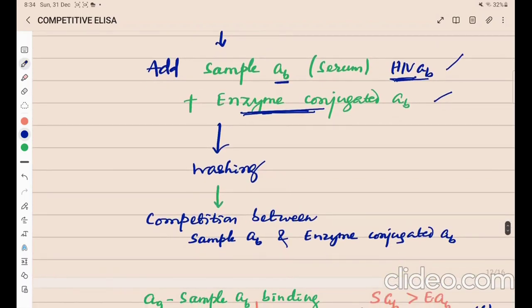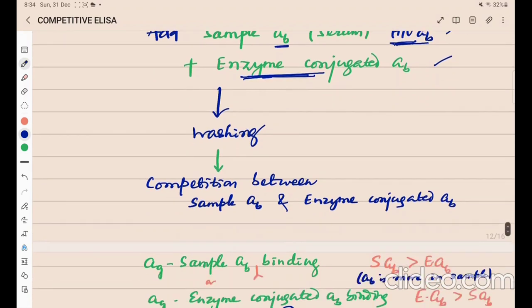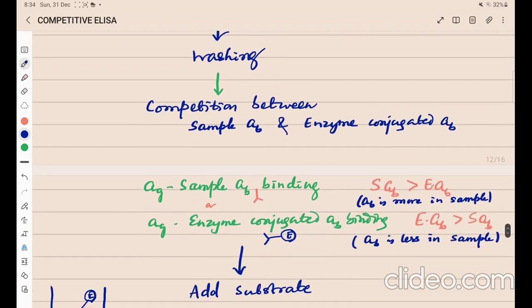Now the competition between the sample antibody and the enzyme conjugated antibody will be there. There can be two possibilities: antigen binding with the sample antibody or antigen binding with the enzyme conjugated antibody. If the person is positive, then antigen will bind with the sample antibody. If the person is negative, there will be no antigen and sample antibody binding; there will be antigen and enzyme conjugated antibody binding.